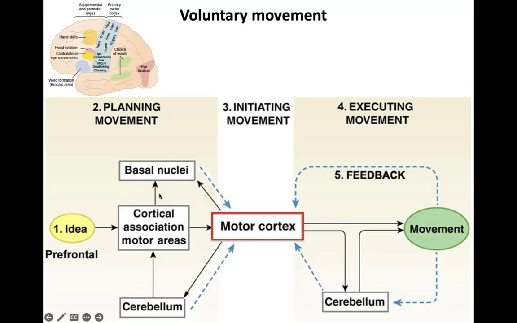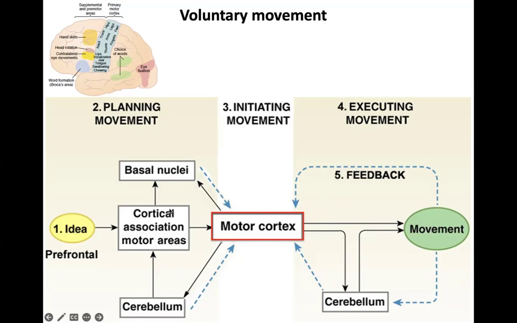They will help with the planning of the movement, meaning they will determine which areas of the motor cortex to be activated and how strong the signal is, how long is the signal that the motor cortex has to send down to the spinal cord. Okay, so those are a very important part of planning.